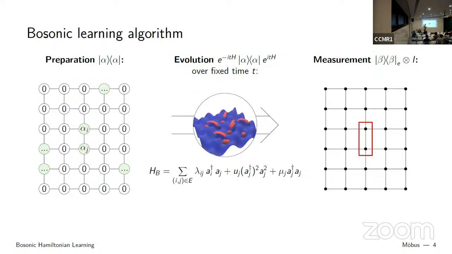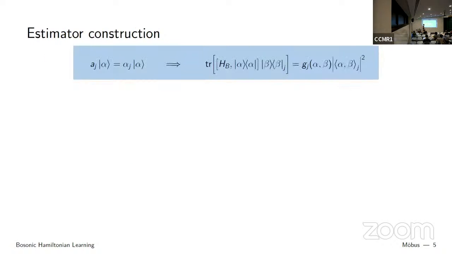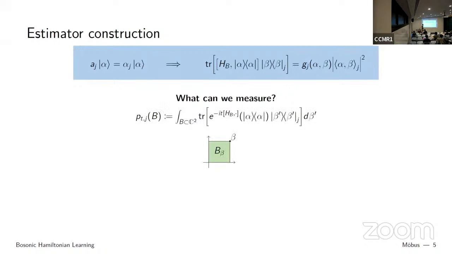You can also do edges and so on, but for the sake of simplicity, I choose just one site. And then the probability that your outcome is in this area B is given by this integral. So now for our algorithm, we choose, for example, this B_beta, which is just the square until the point beta.